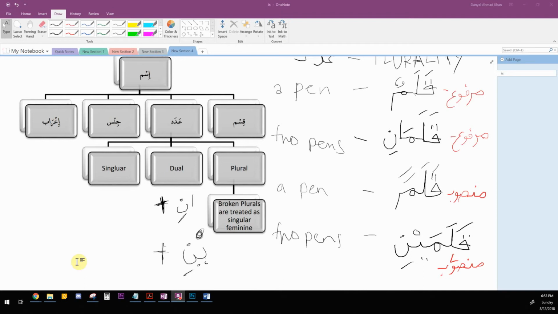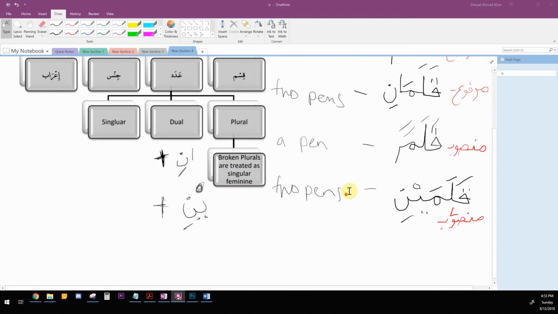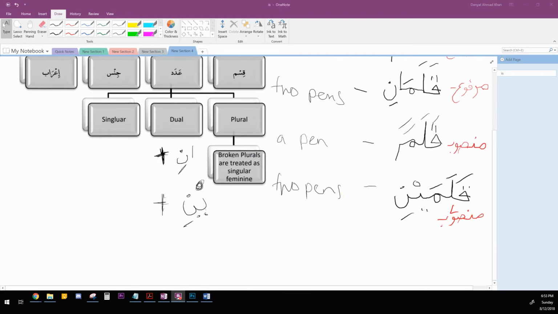And you have the last dual, which is going to be qalamin. This also is two pens, and this is in the majroor state.